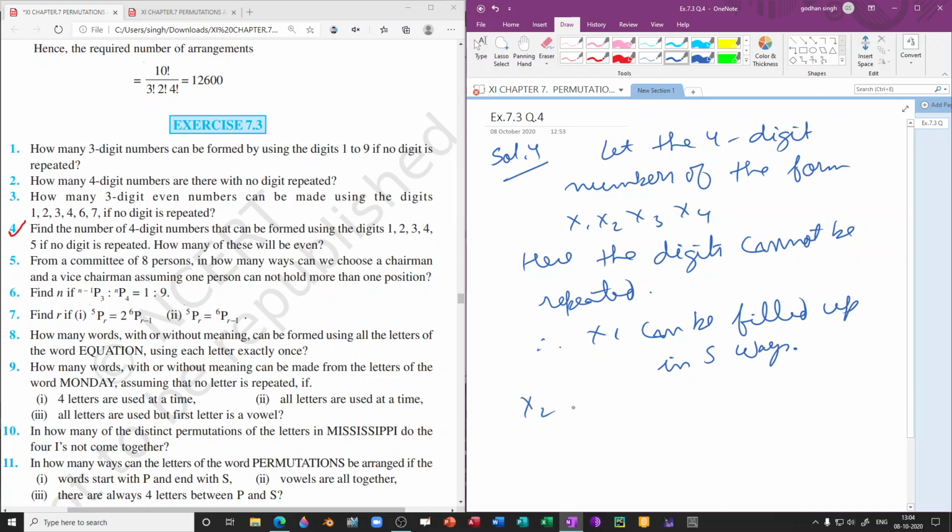Similarly, because one digit has been used for x1, x2 can be filled up in 4 ways.